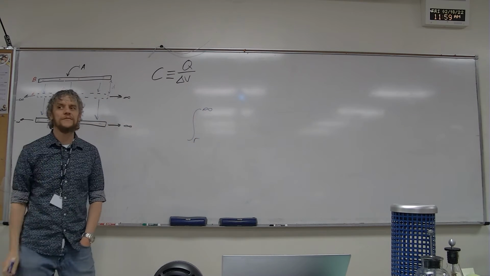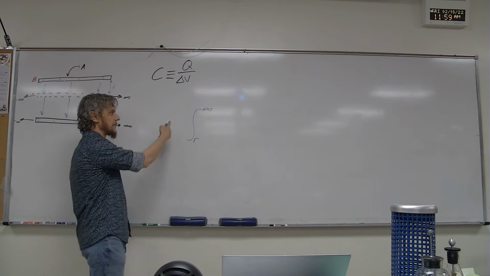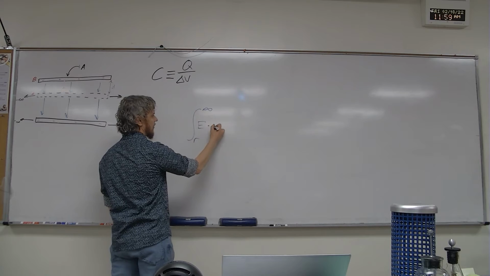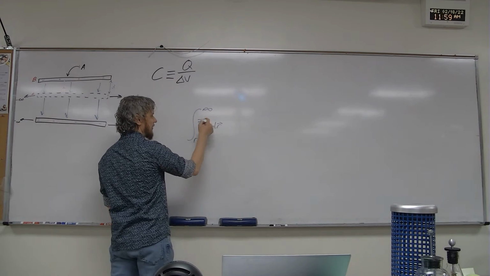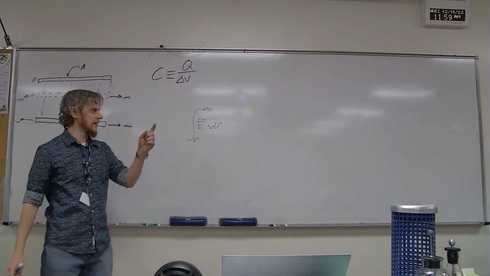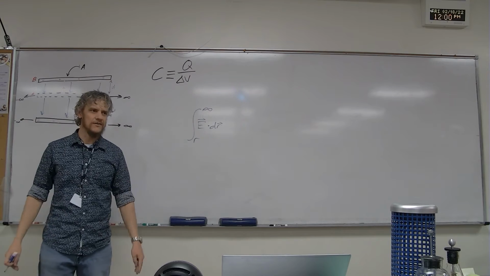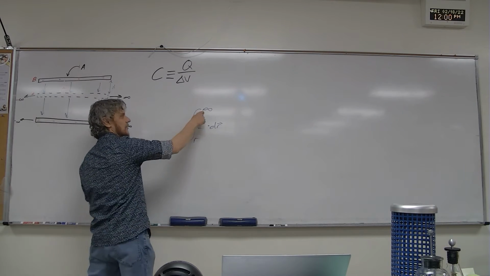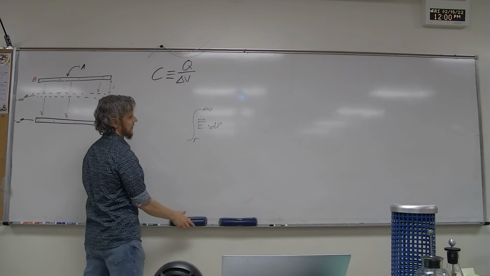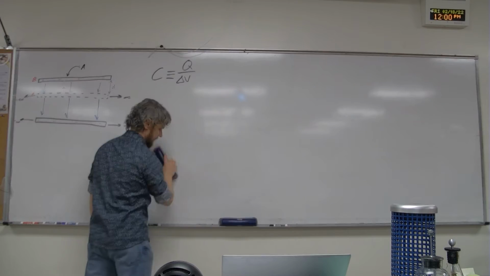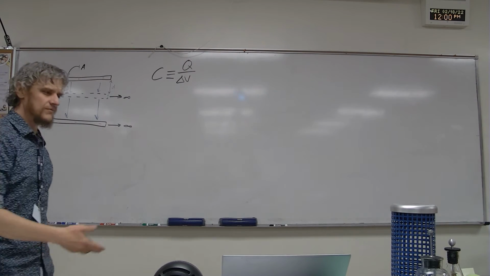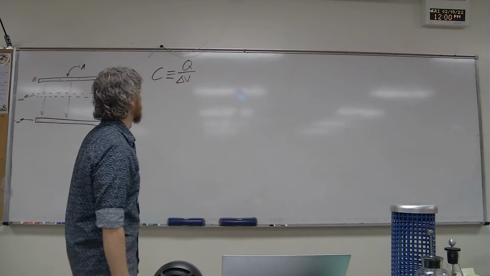Well, we can go from infinity to r, but then we'd have to slap a negative on the front, because E dot dr, if the electric field is doing the work, is taking the charge from r and throwing it to infinity, right? So it depends on which way you go, whether it's positive or negative, for a lot of this stuff. There are times when it's obviously very important, and we'll stress those times when we see them.